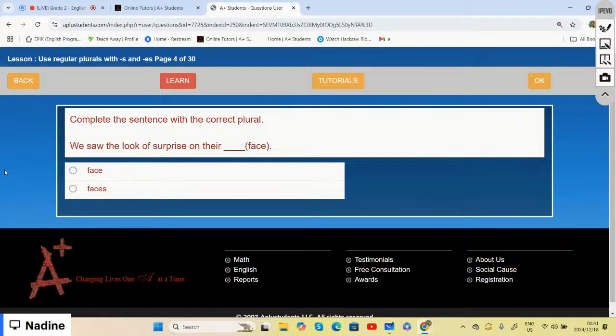So face or faces. We need to choose the correct plural form of that word face. More than one face.